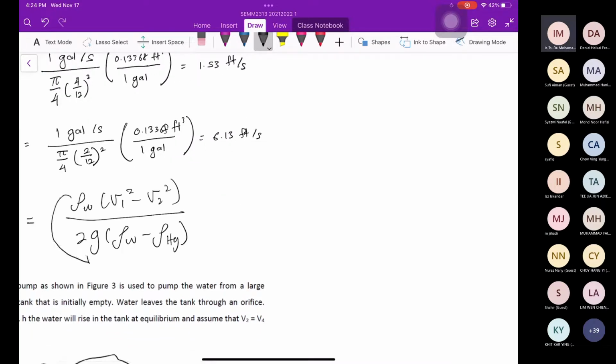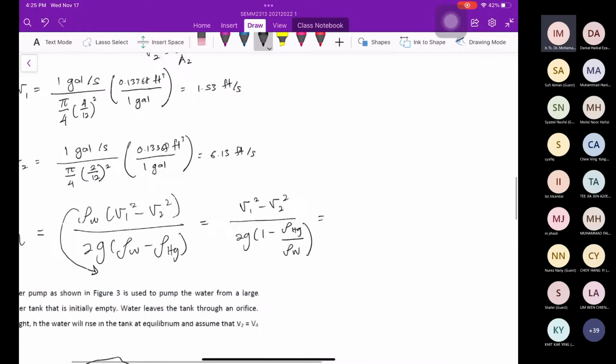So this one goes to the denominator, you will divide all with density of water: V1 squared minus V2 squared over 2g, 1 minus ratio of mercury with water.